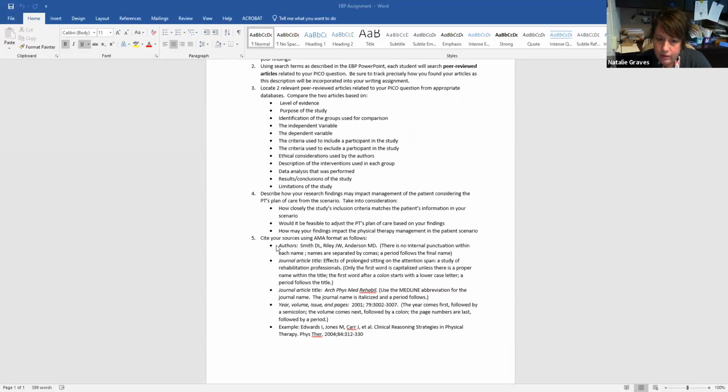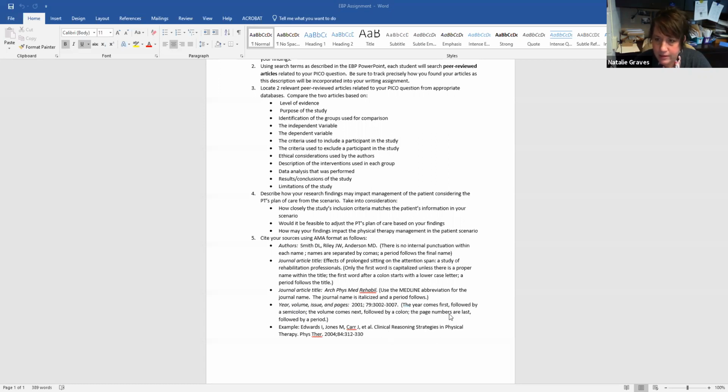But I have broken out exactly how to label the authors, what the title of the article would be, and where all of the commas and periods and everything go. Then the journal title, this is usually in an abbreviated format in italics, and then the year, the volume, the issue, and the page number. So this example here is what it looks like in its entirety.